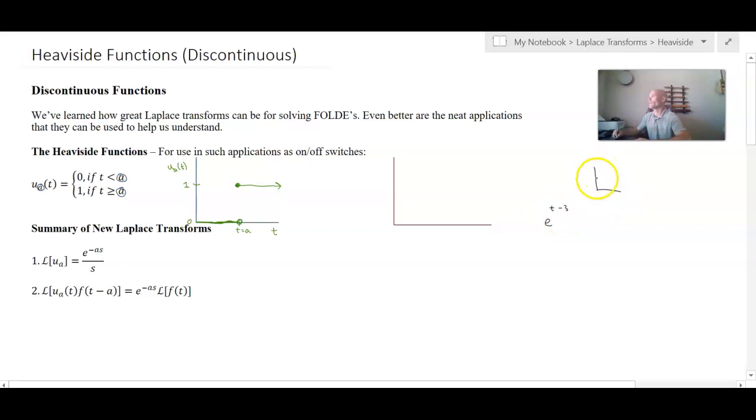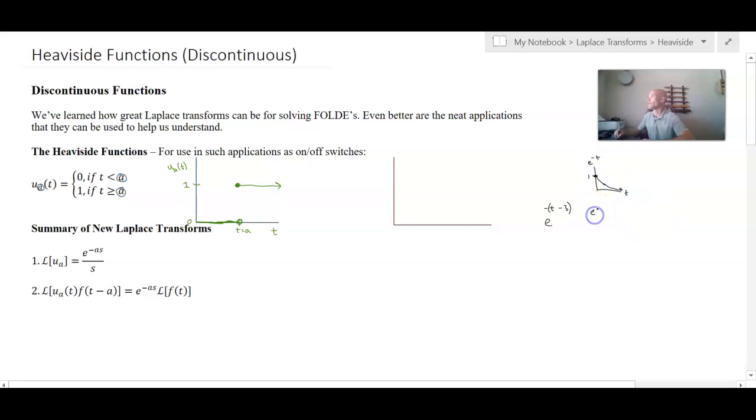So here's e to the t, right? There's 1, and e to the t is going to, oops, opposite direction. I wanted to do e to the negative t minus 3. Let's do that. E to the negative t versus time would be an exponentially decaying function.